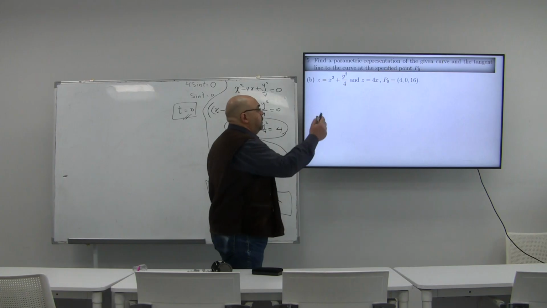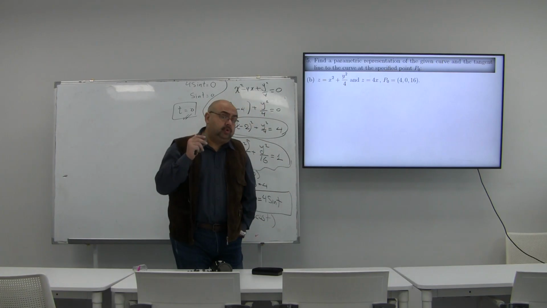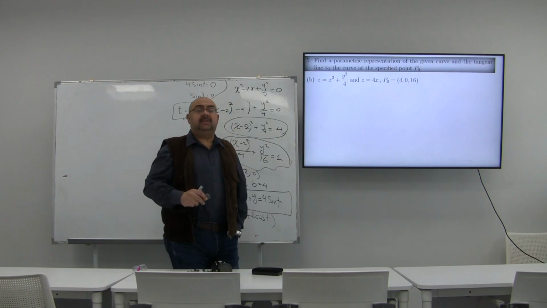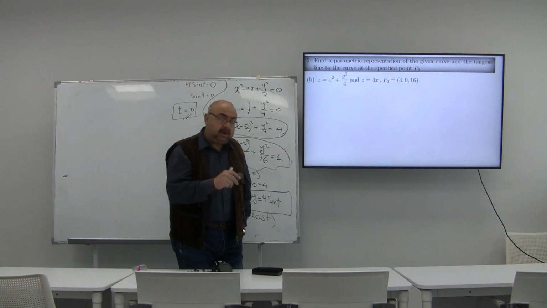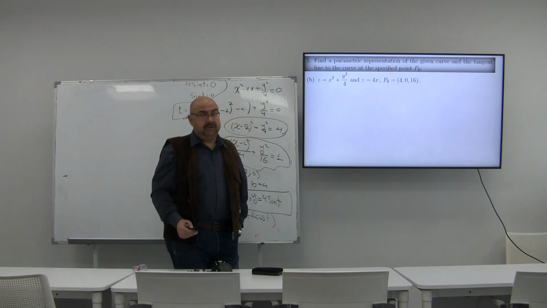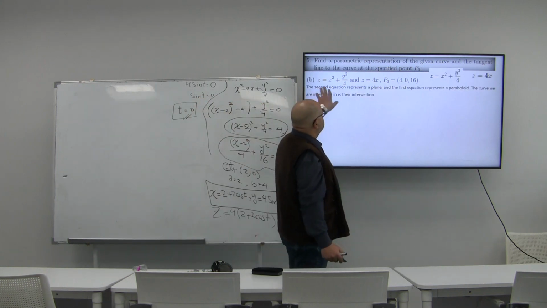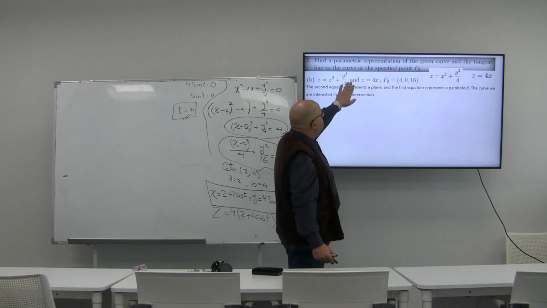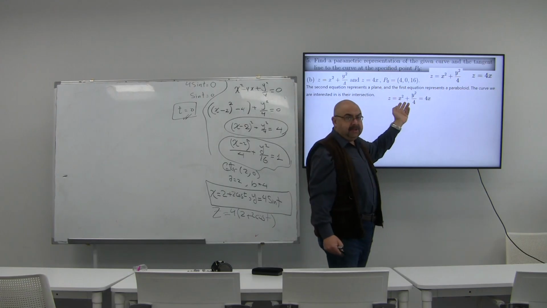Actually, I could skip this slide, but I wanted to show you that if you went in a parametrization direction and it didn't work, you should start to readjust your parametrization. So, in a similar manner, the second equation represents a plane and a paraboloid. So their intersection is going to give me an ellipse.